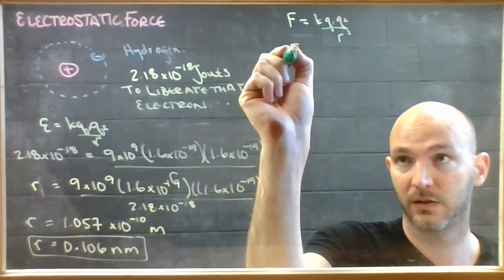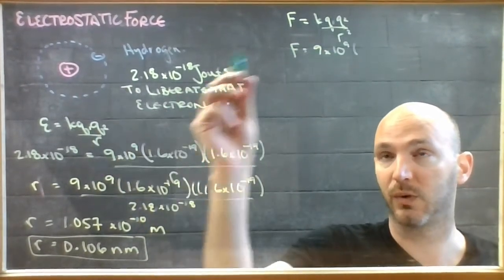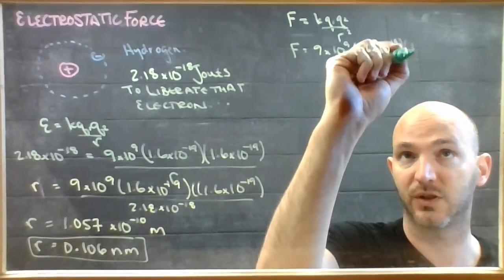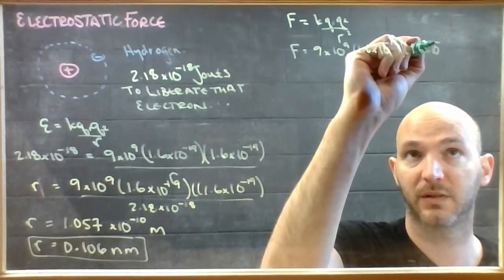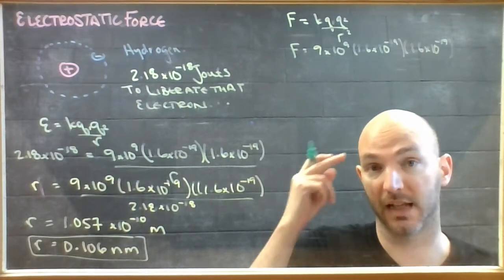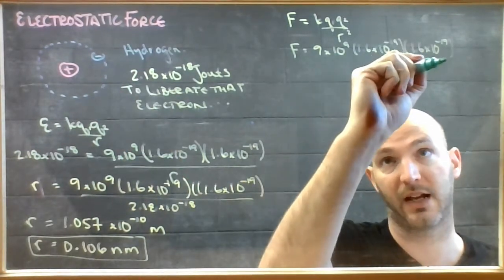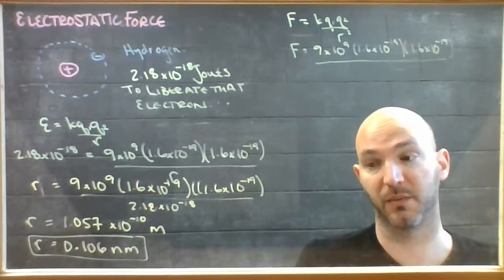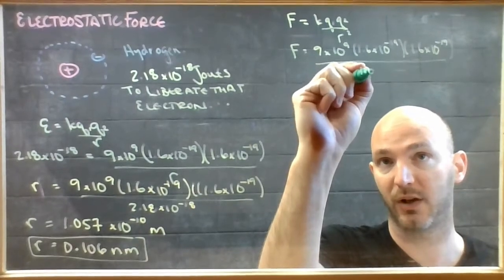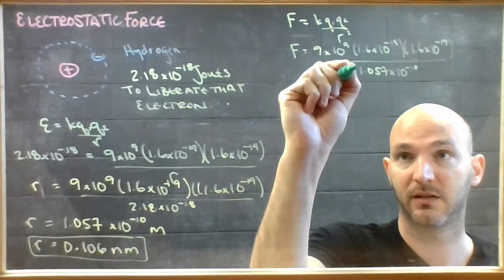So K is 9 times 10 to the 9. Q1 is 1.6 times 10 to the negative 19. Q2 is the same number. I don't need to worry about negatives and positives because I know that they're mismatched, so it is an attractive force. I can just interpret my answer. And I've got this radius of 1.057 times 10 to the negative 10 squared.